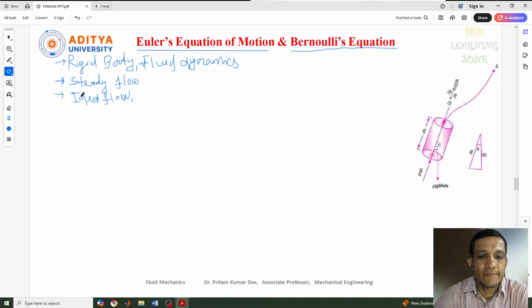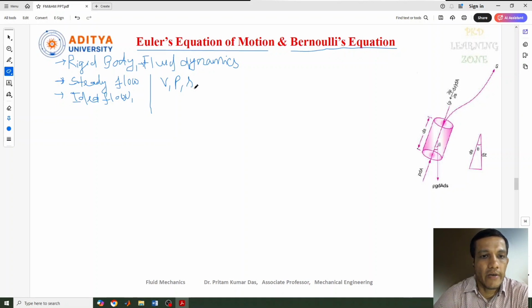The next thing is that Euler's equation of motion gives a relation between the velocity, pressure and density of a moving fluid. So suppose we consider a moving fluid; this equation will give a relation between its velocity, pressure and density.